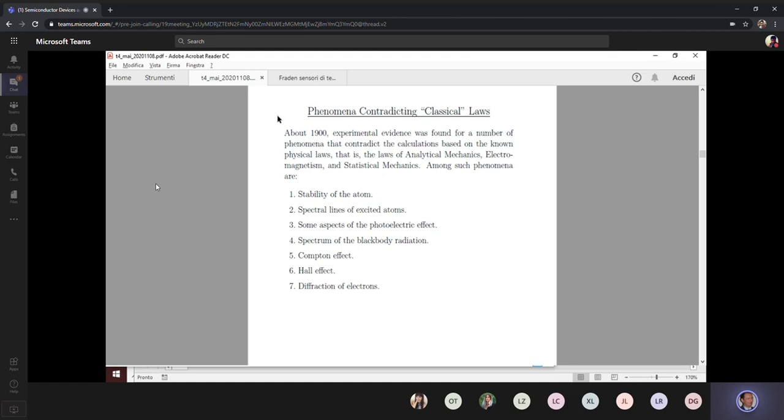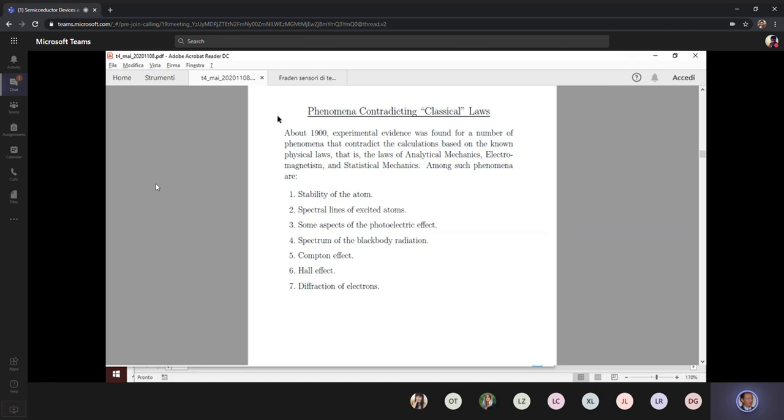But if the electron loses energy, of course, the radius should decrease. So actually, the electron will not be able to continue on the circular orbit. It will rather spiral, getting closer and closer to the nucleus, and eventually the electron will crash into the nucleus.